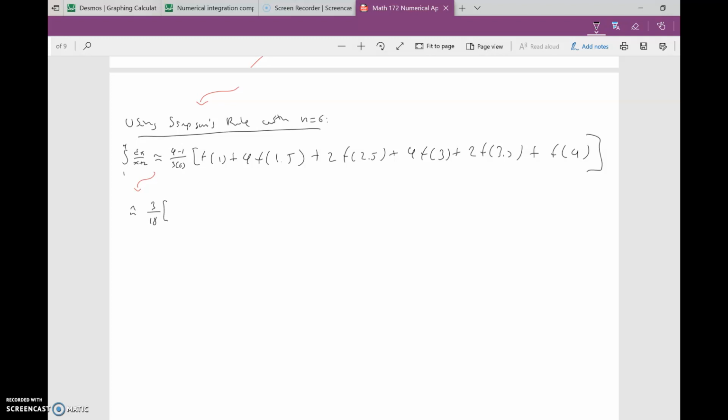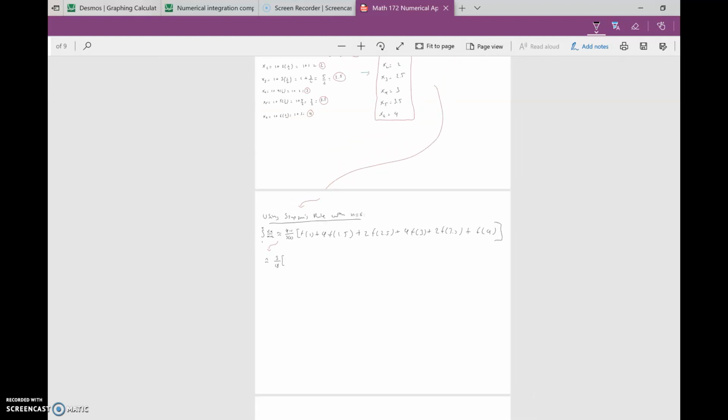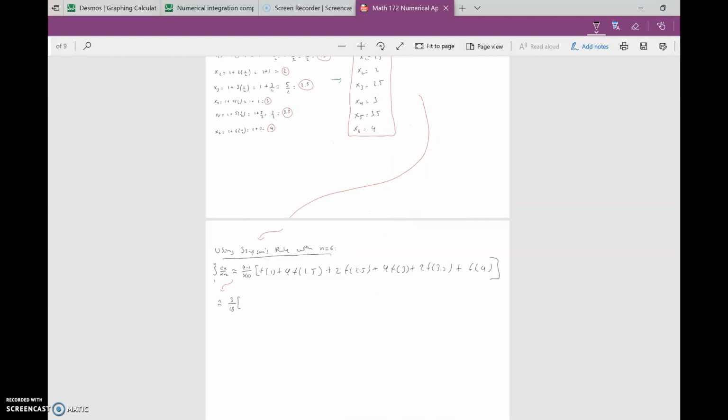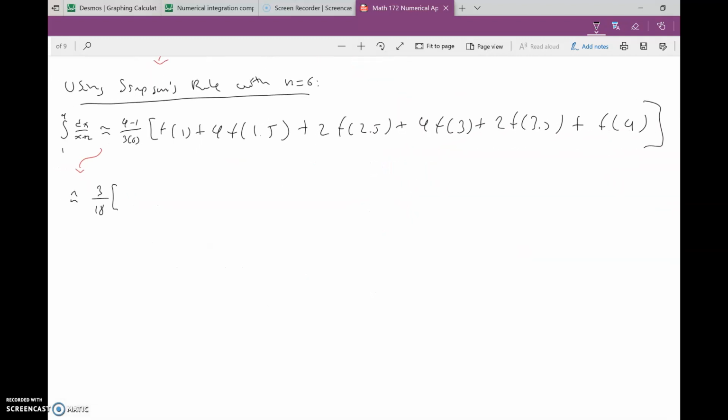Okay, so we're going to start with, and the function is x plus 2. We're going to be evaluating the values of 1. On this one I'm getting a 1/3, so I'm just going to leave it as 1/3.